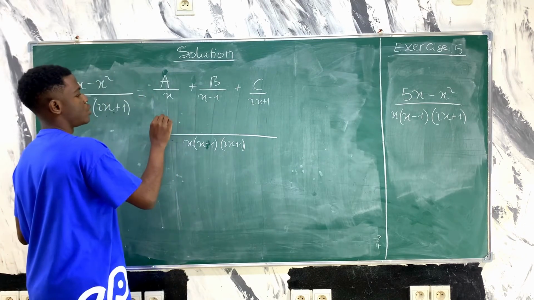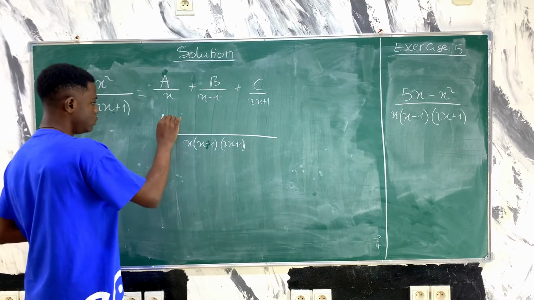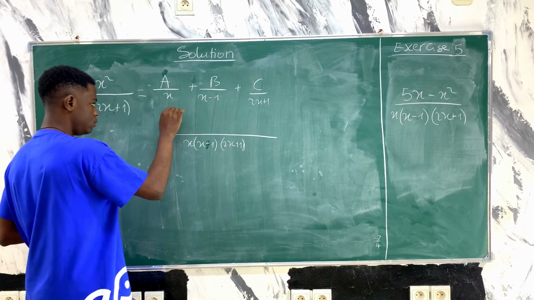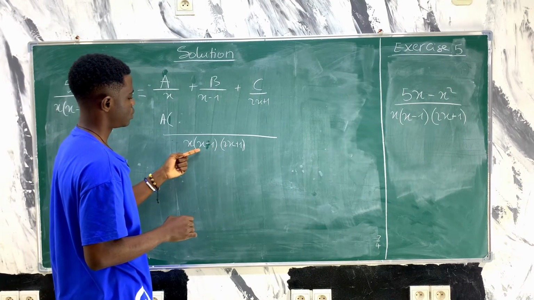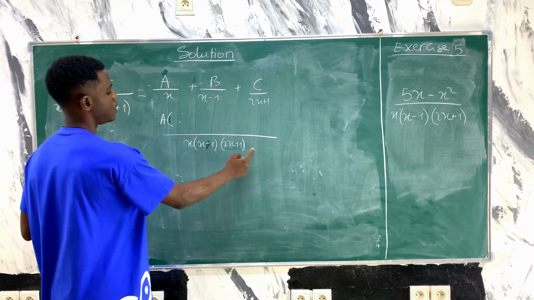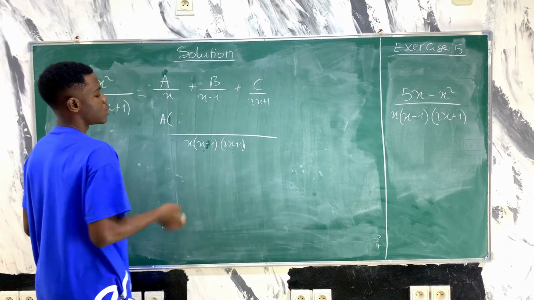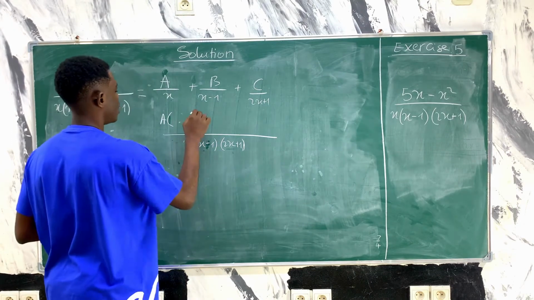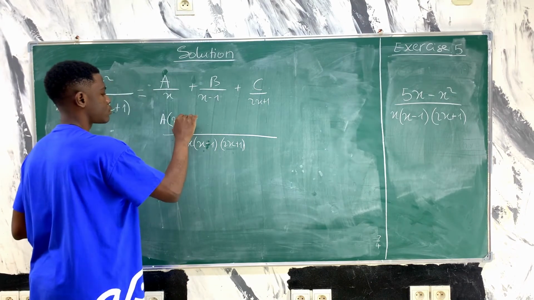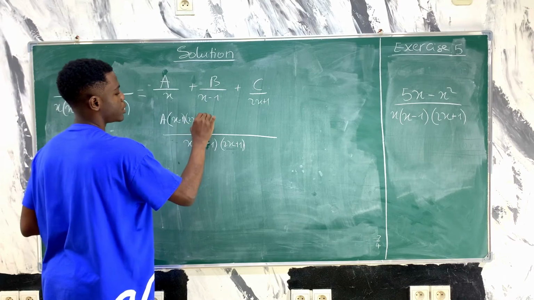For the first term, it is A into the denominator divided by x. This x will cancel this x. It will be A into all of the rest. I'll have A into x minus 1 times 2x plus 1.